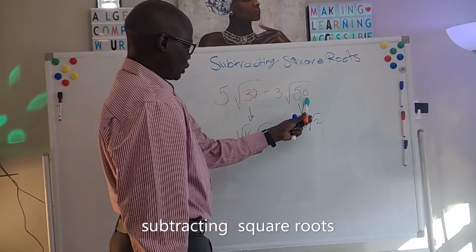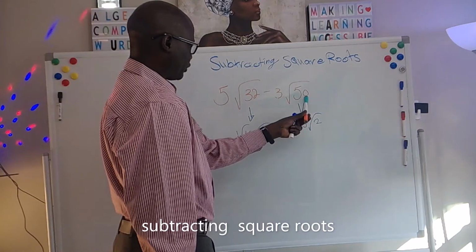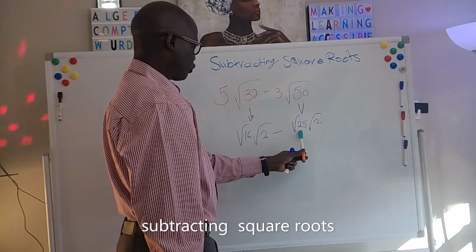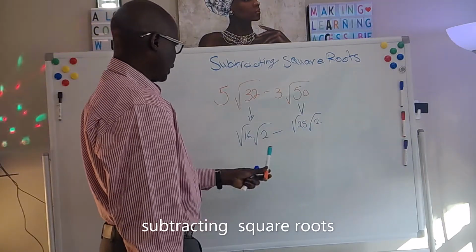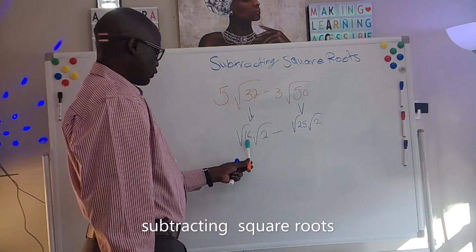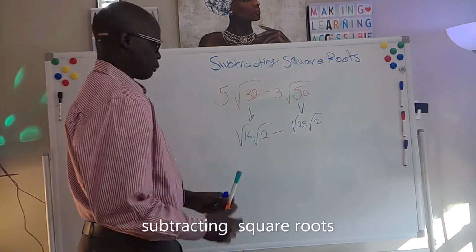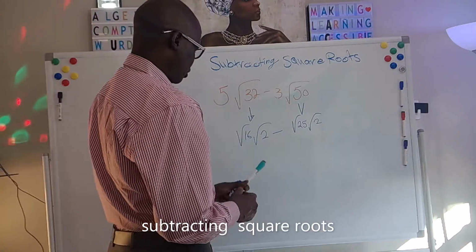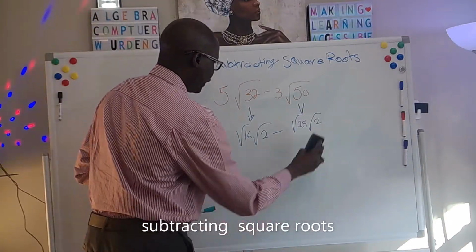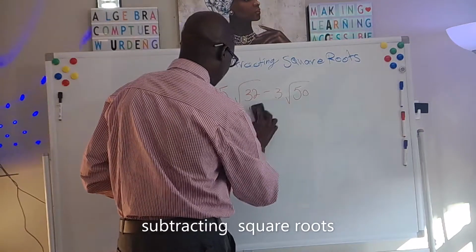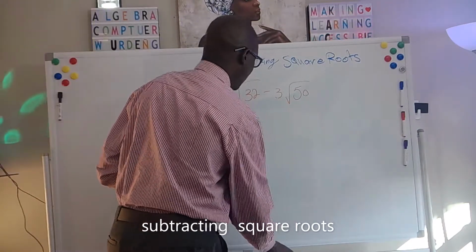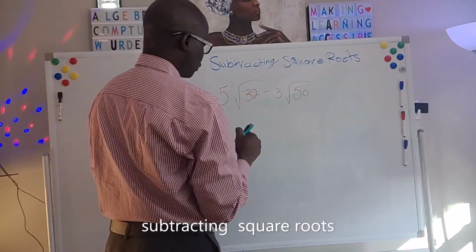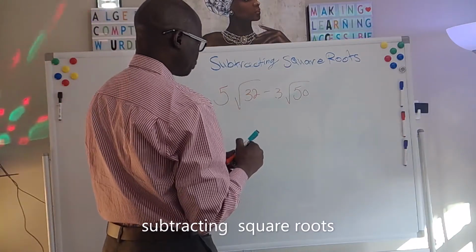So we have a 50. What we do, we simplify 50. It became the square root of 25 times 2, and we have 32 as the square root of 16 times 2. From here, you'll be able to figure out the number. So we agree that the square root of 50 is the square root of 25 times the square root of 2.